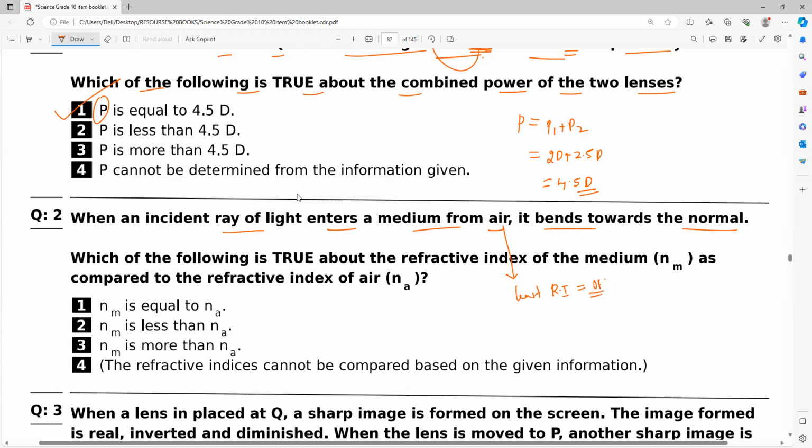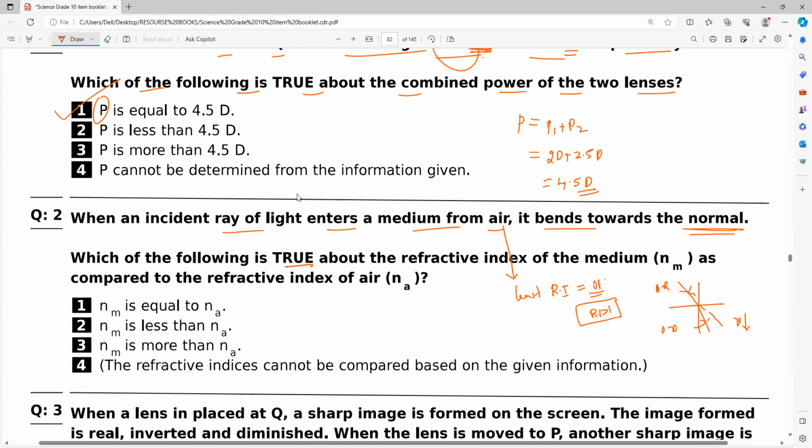So every other medium has a refractive index greater than 1 only. So it is entering from air to some other medium and bending towards the normal. So we all know that is from optically rarer to optically denser. It will bend towards the normal and speed also decreases.